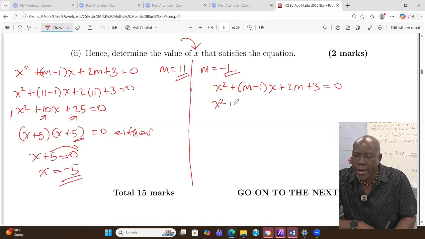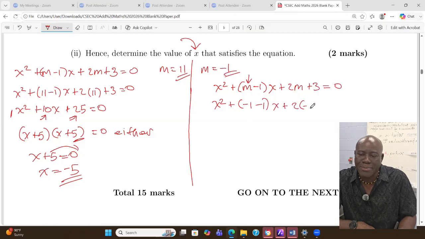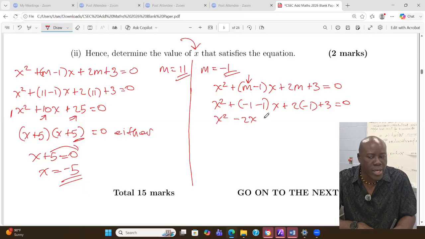So we have x squared plus (negative 1 minus 1) x plus 2 times negative 1 plus 3 equal to 0. Let's keep going. X squared, negative 2x. And then negative 2 plus 3 gives positive 1, equals 0. And as you could see, it's going to be a perfect square again.